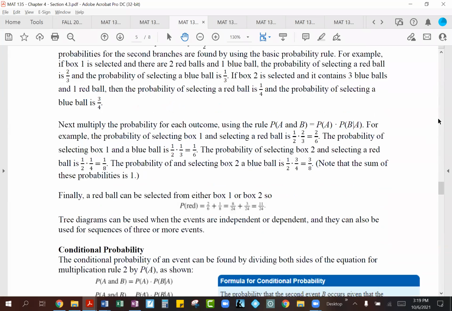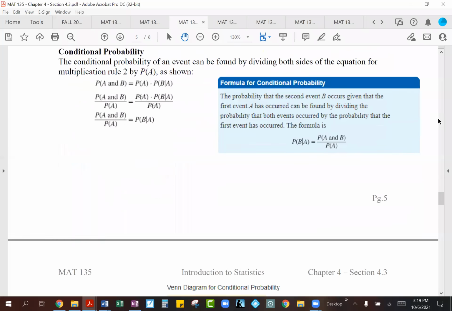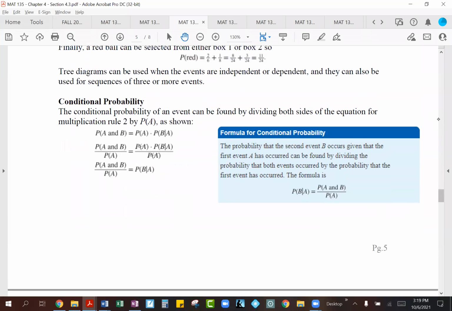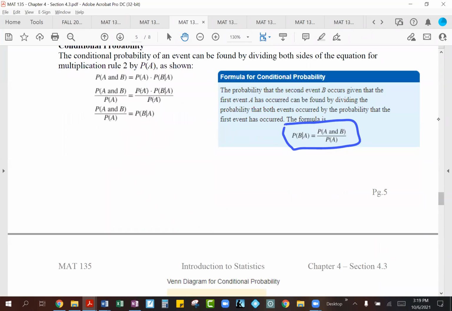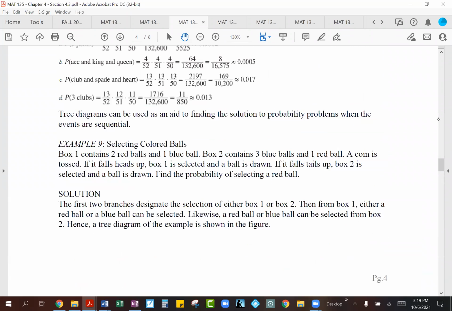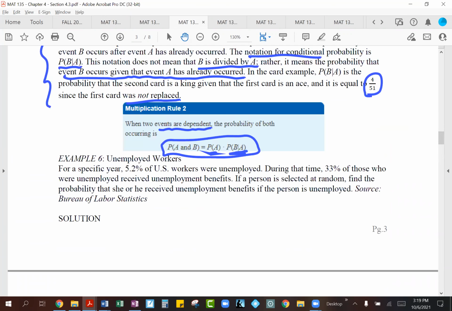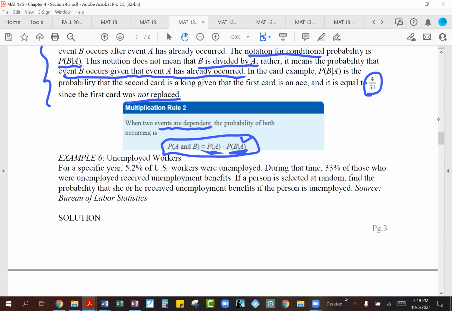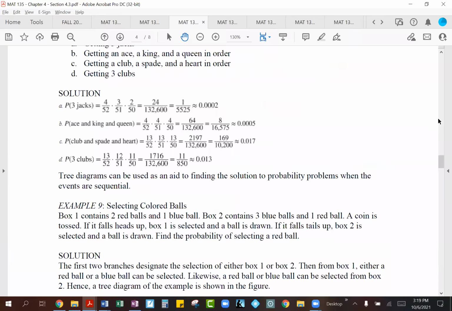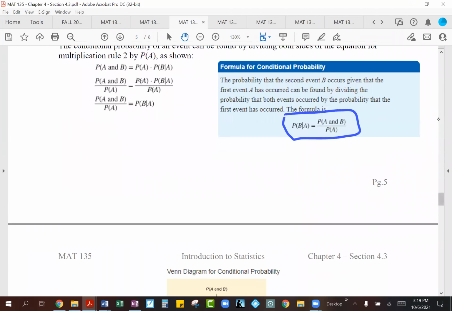Well, you've got a whole different types of examples over here. This one actually also talks about if you had to calculate your conditional probability, what that formula would look like. So P, probability of A and B basically divided by probability of A. This is actually just rewriting the second multiplication rule. They're just rearranging it. So to calculate the conditional probability, just take probability of A and divide it on the left-hand side. And that's basically how they come up with this conditional probability formula here.